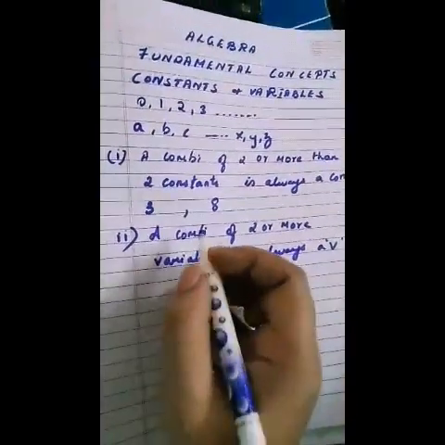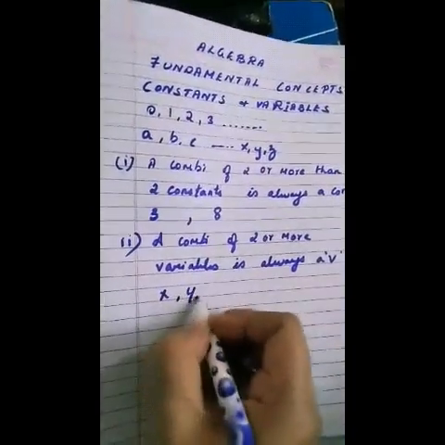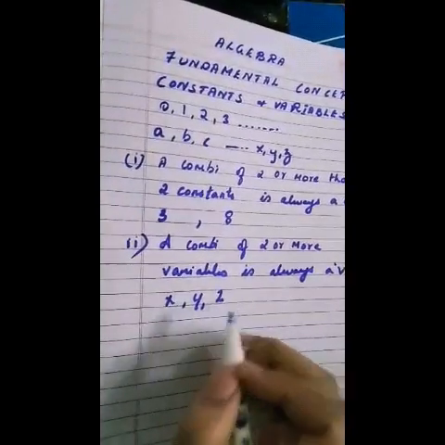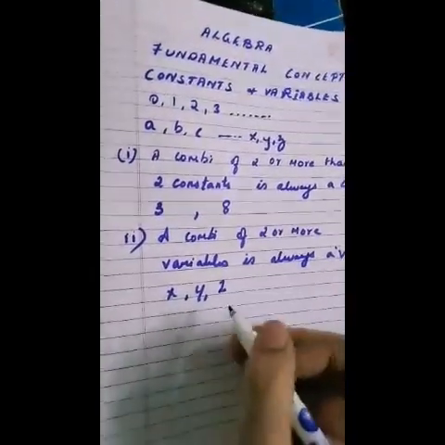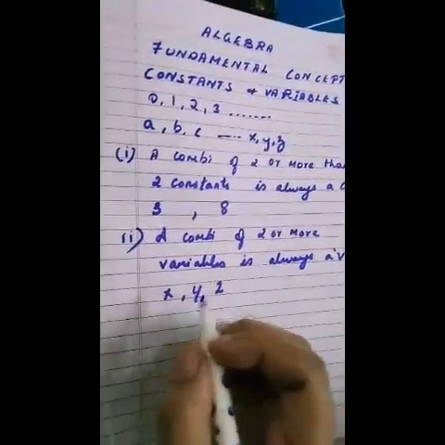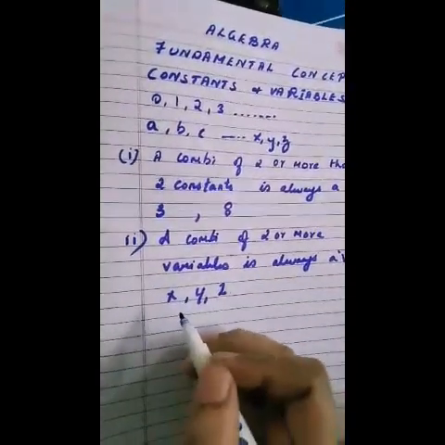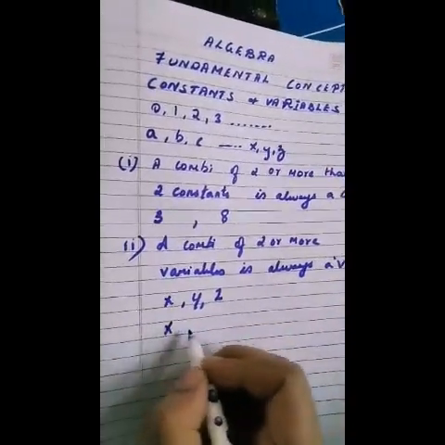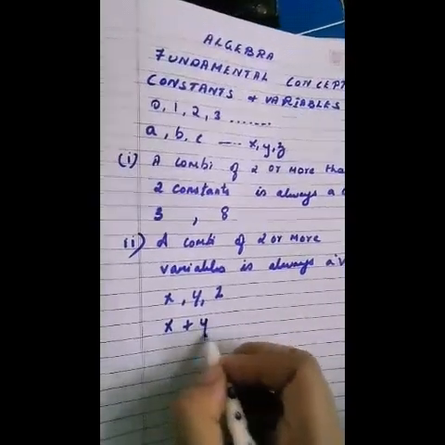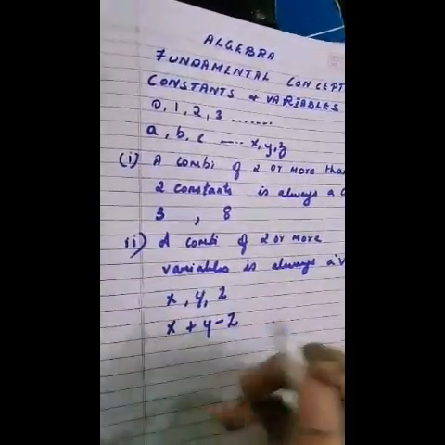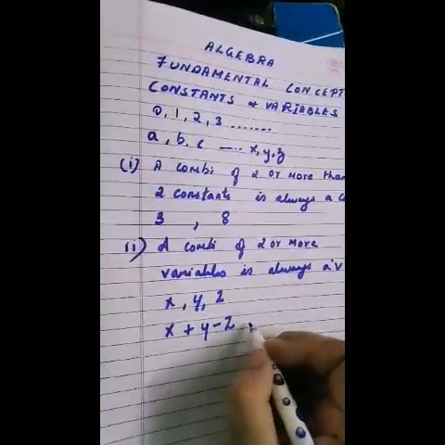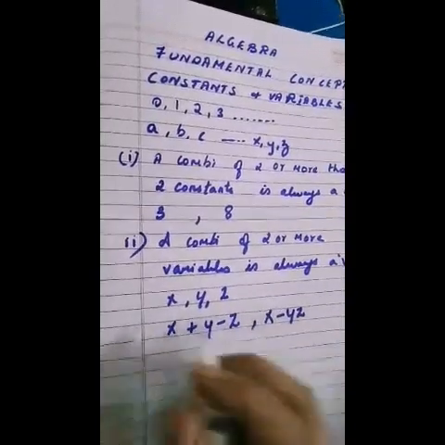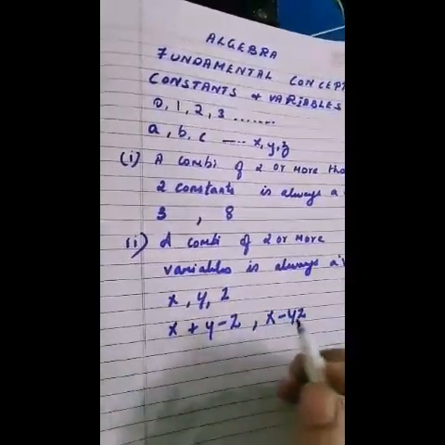Let's say, for example, X, Y, Z. X, Y and Z are English alphabets, and that's the reason we consider them as variables. They can be combined as X plus Y minus Z, or I can also write X minus YZ. So a combination of two or more variables will always give me a variable.